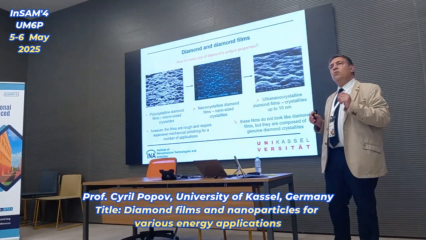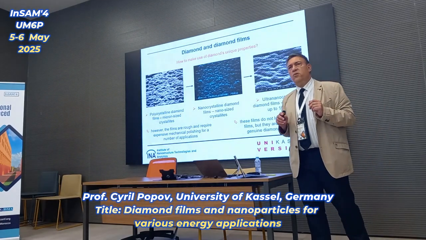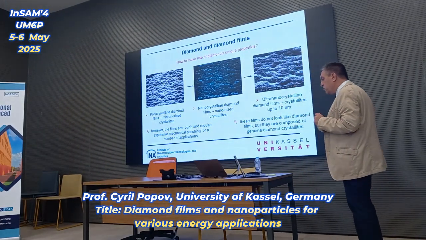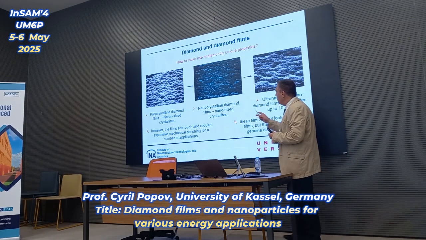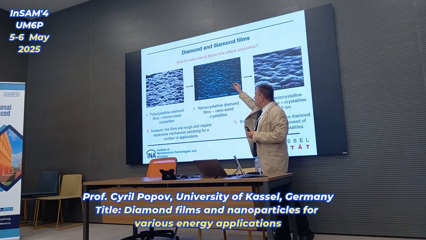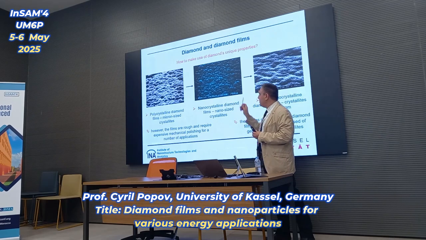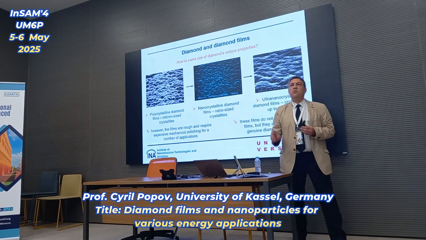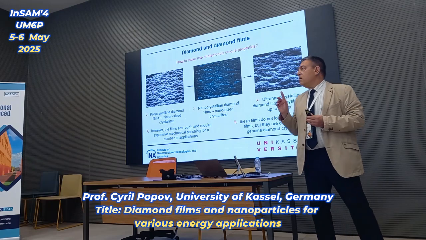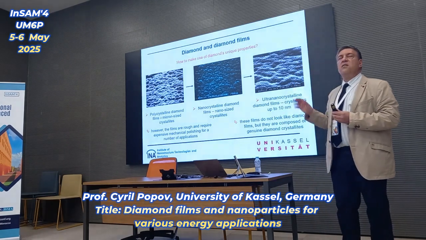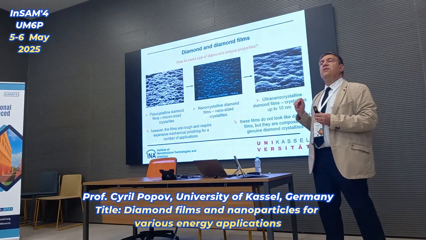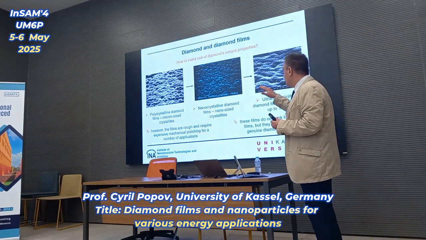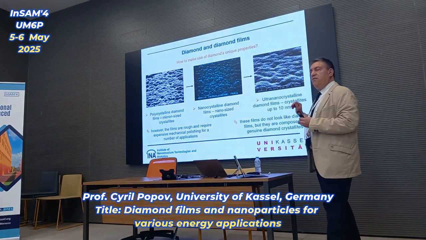That's why one of the possibilities to reduce the surface roughness is to reduce the grain size. Coming to the nanocrystalline diamond film, again the surface is dominated by the facets, however this time the scale bar is 750 nanometers. So the grains are of size 0.100 nanometers. This reduces the surface roughness, but still they are relatively rough.